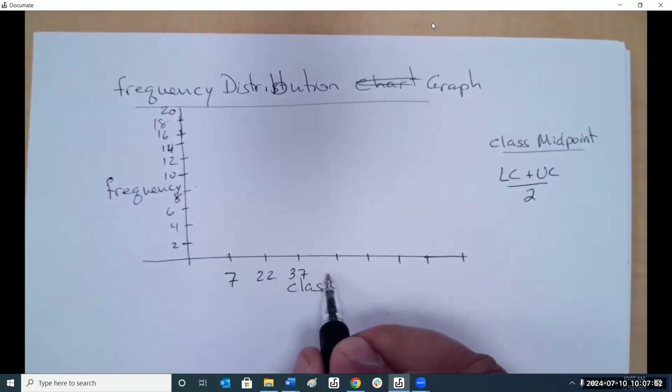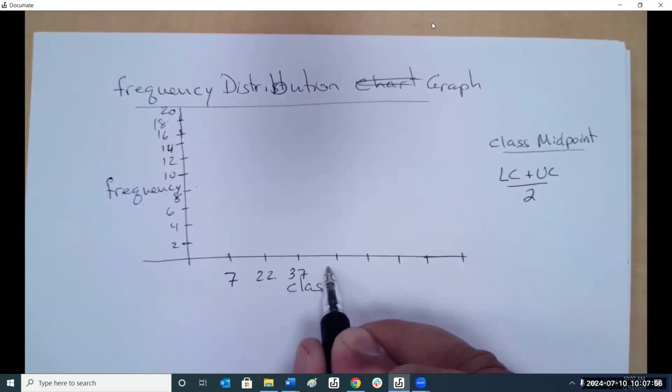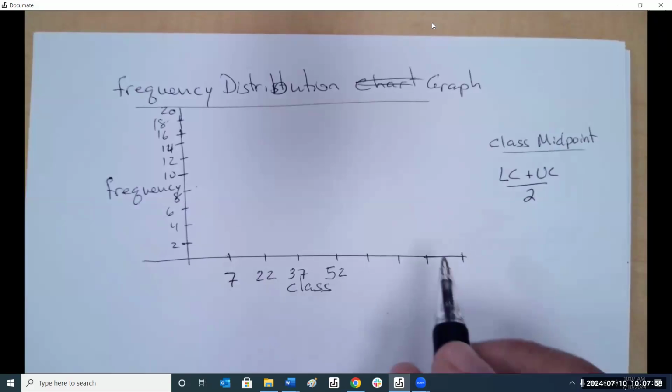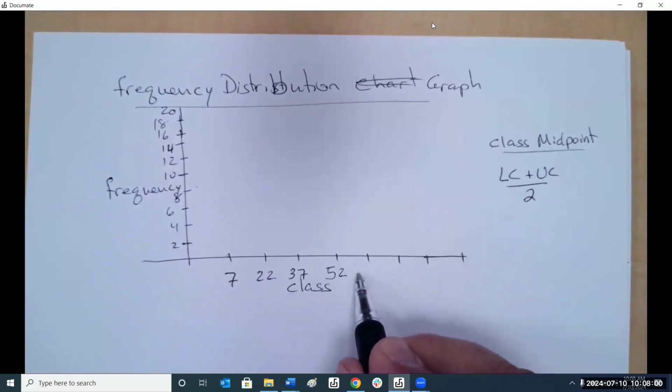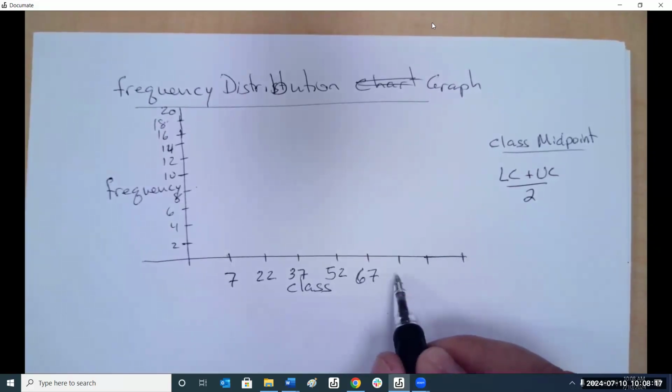So the next one's going to be what? 37 plus 15 is 52, plus 15, I mean. And you keep on going. 67 plus 15.